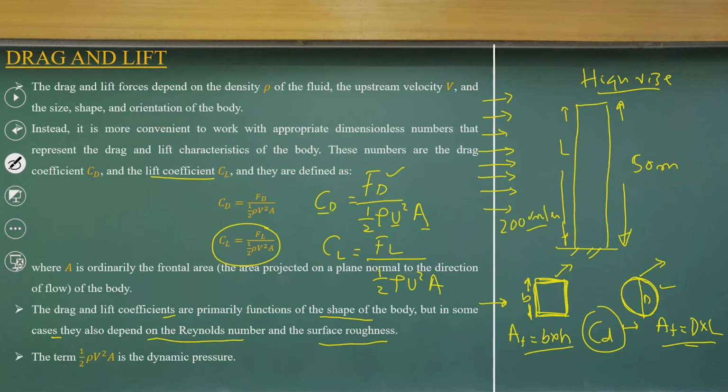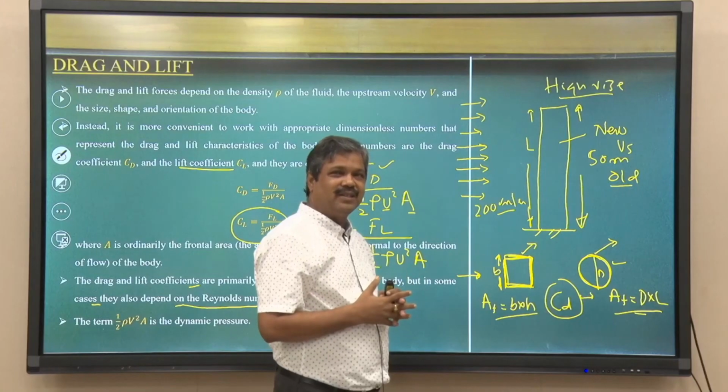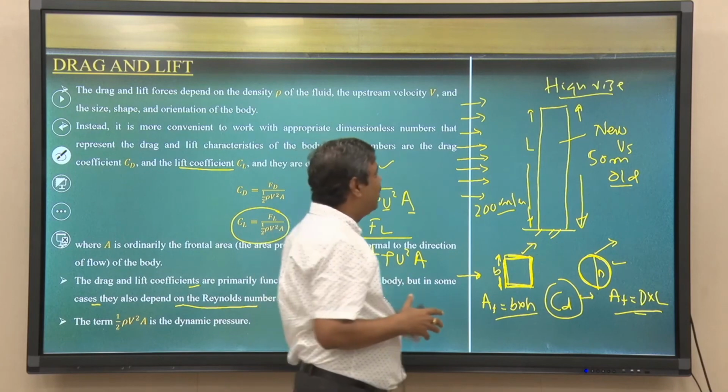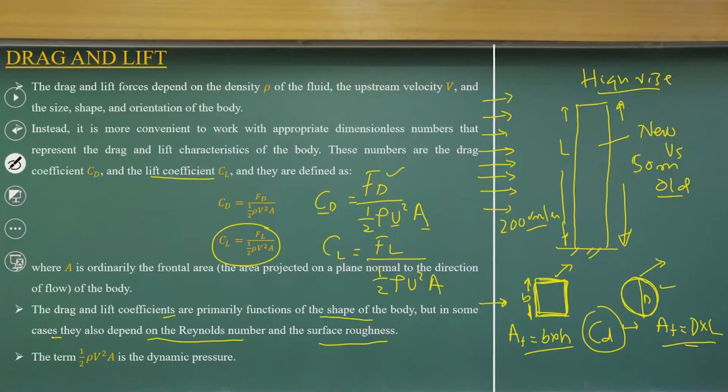You have newly constructed buildings versus old buildings. So, definitely the CD will be different, the roughness will be different. That is the difference. It matters what type of roughness we are creating, and also the flow Reynolds numbers.